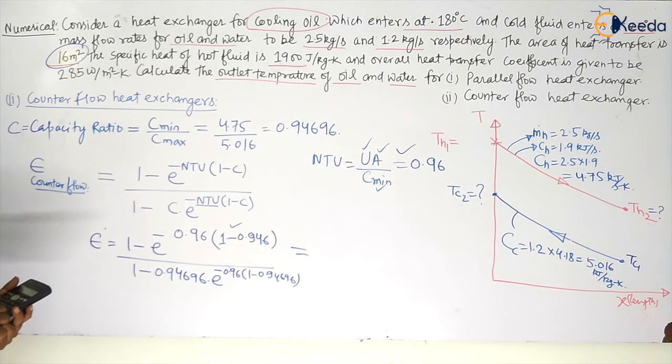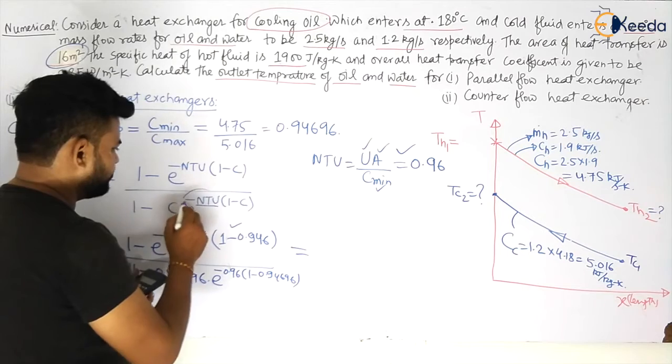So this will be 1 minus 0.94696 multiplied by minus NTU, that is minus 0.96, and this e to the power will become equal to 0.95035.